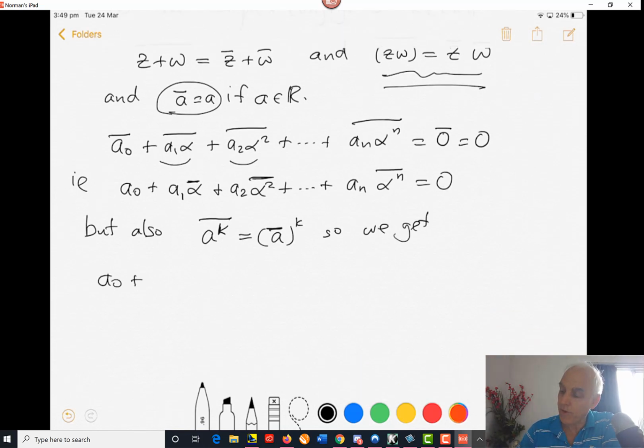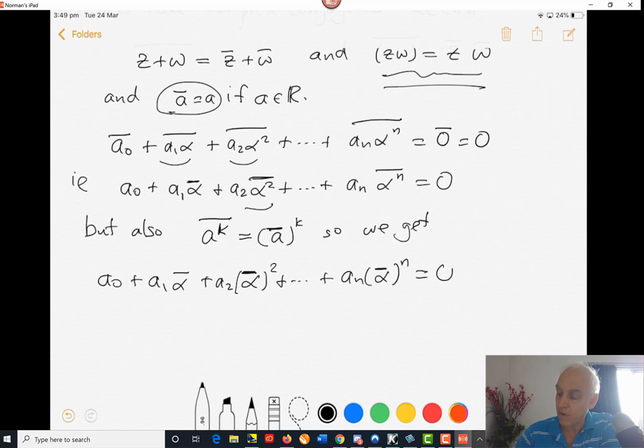So this becomes a0 plus a1 times alpha bar plus a2 times alpha conjugate all squared, since alpha squared complex conjugate is the same as alpha conjugate squared, and all the way up to an alpha conjugate to the nth power. And all of that equals 0.